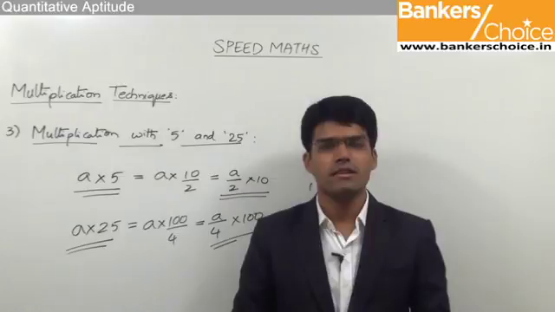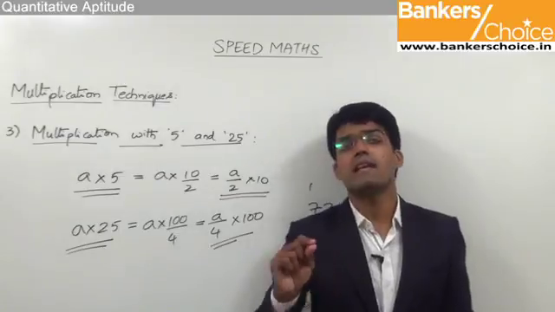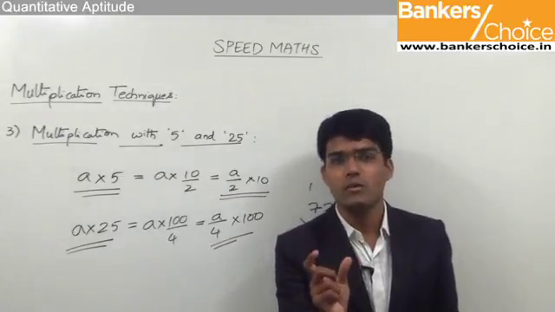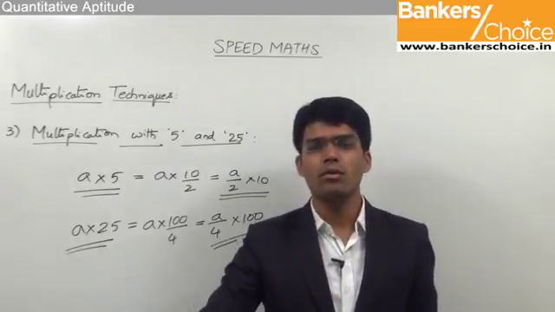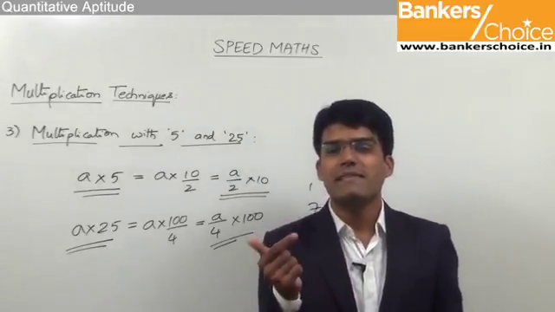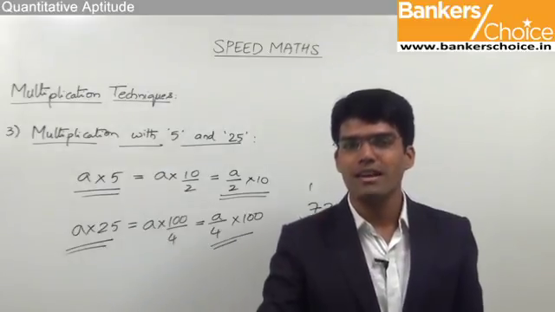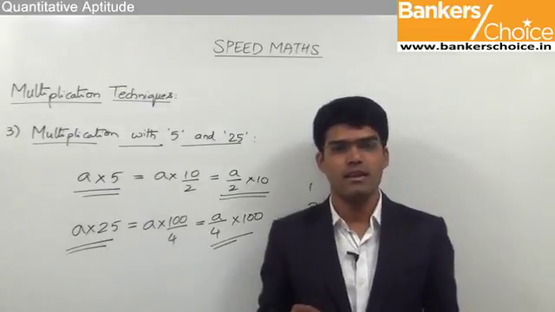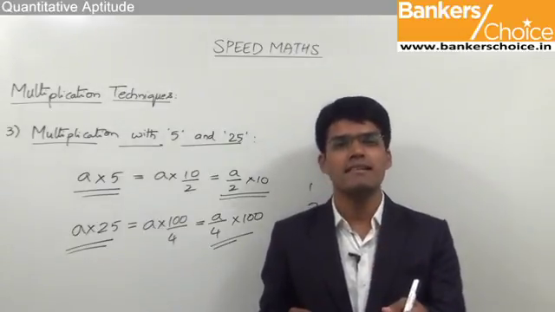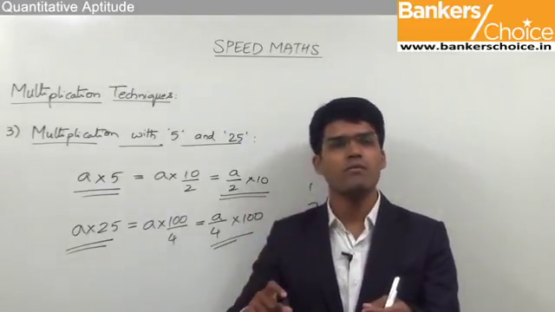Or otherwise, let's say we have to multiply 77 with 25. That's a little difficult one. The whole concept here is 77 by 4 into 100. Now what is 77 by 4? If you are smart, you can say that 77 by 4 is 19.25, because 76 by 4 is 19, extra we have 1, and 1 by 4 is 0.25.